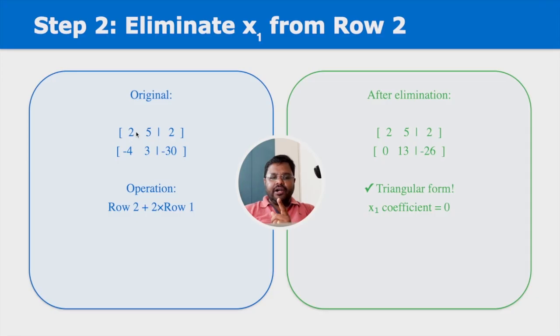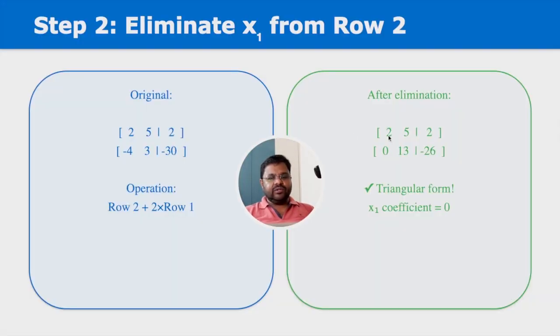So when you add 4, 10 and 4 to this row, here you will get 0. That is why the second row's first entry changes to 0, and the other additions are also performed. Then it becomes 0, 2 times 5 is 10, 10 plus 3 is 13, and minus 26. Now what happens? The original system has changed to a triangular system.